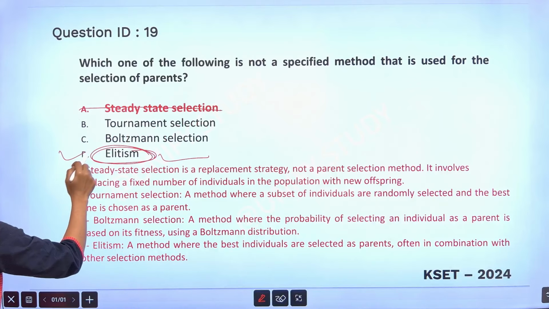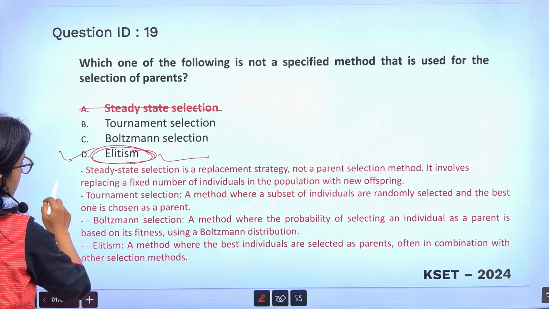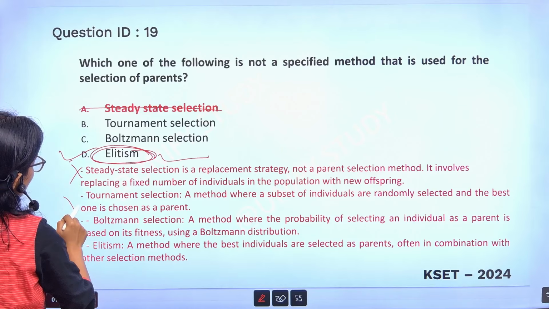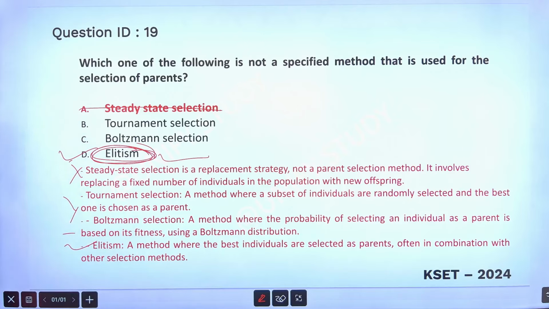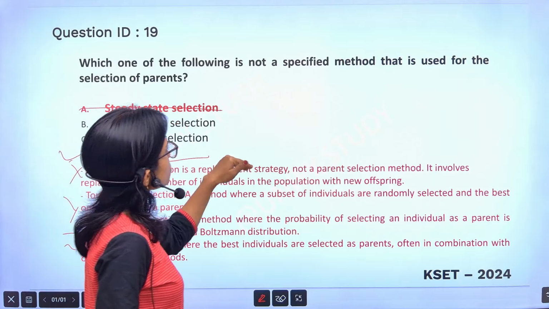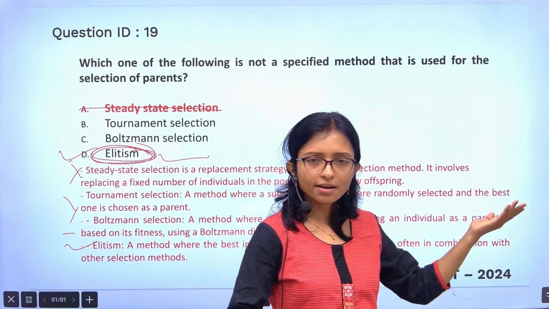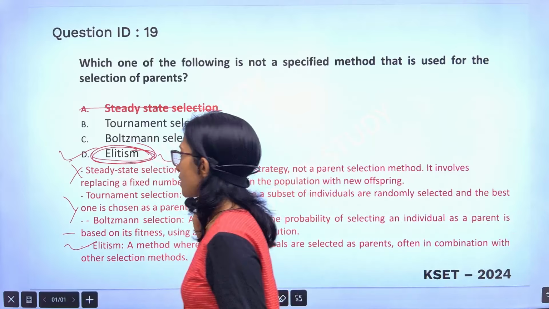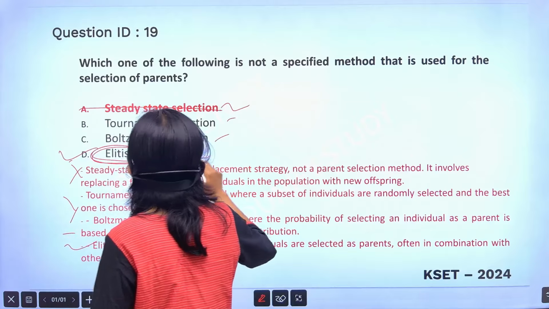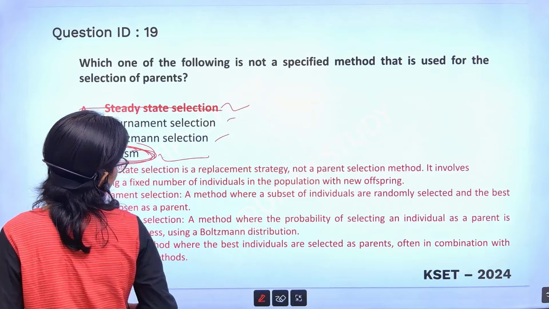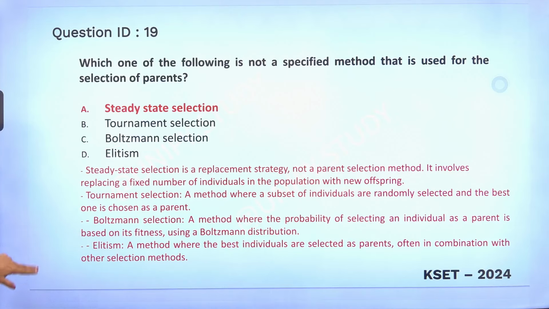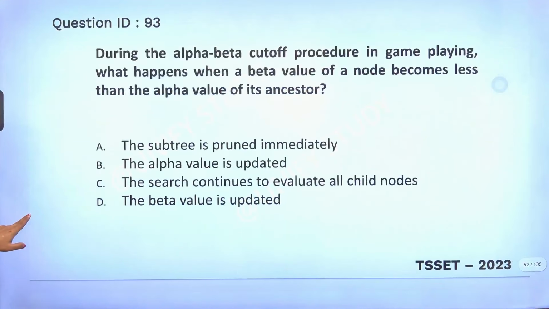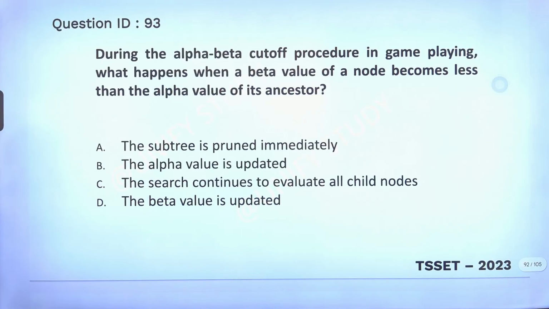Maybe I did not rectify it. We did it yesterday. Maybe I think in the answer key there is some mistake. But these are all methods, this is not, because it is the method of something else. So this is your answer. I will rectify it. Now do this.